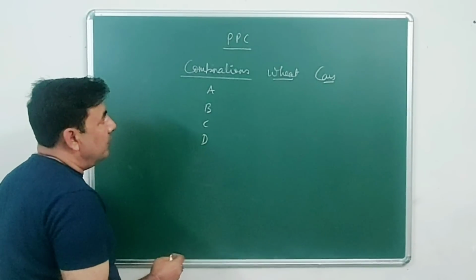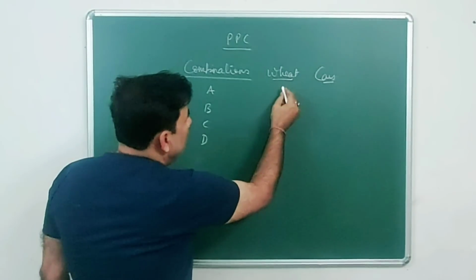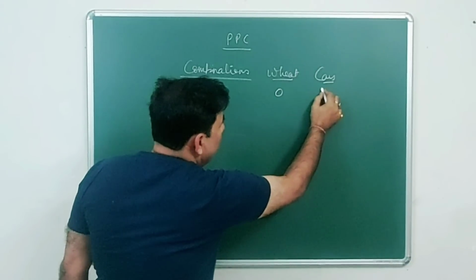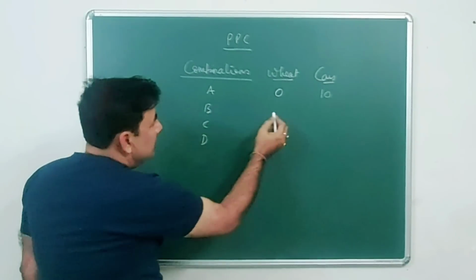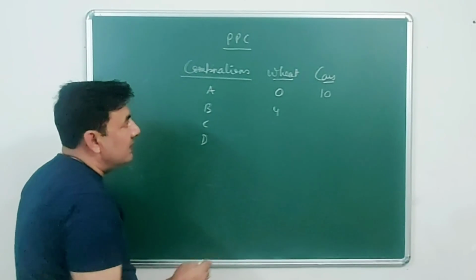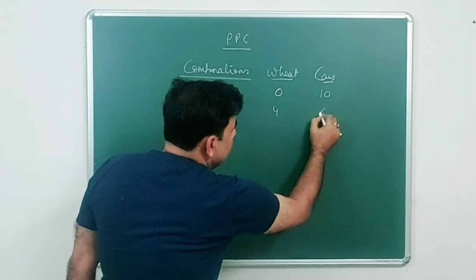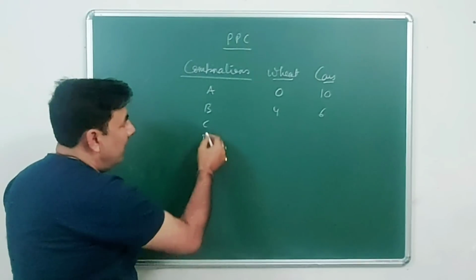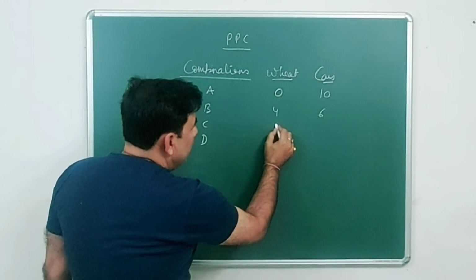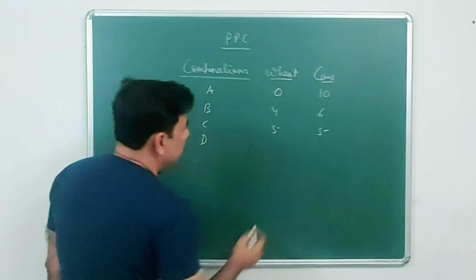There are 4 combinations, and in the first combination you are not manufacturing wheat, you are only manufacturing cars. In the second combination, we are manufacturing 4 units of wheat and 6 units of cars. In combination 3, we are manufacturing 5 units of this and 5 of this.